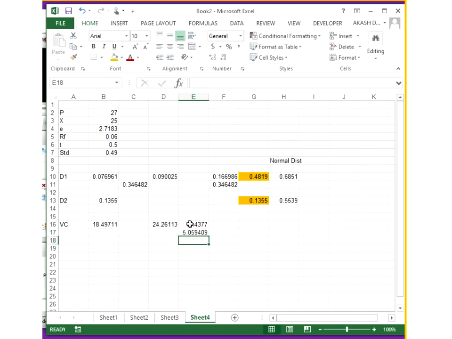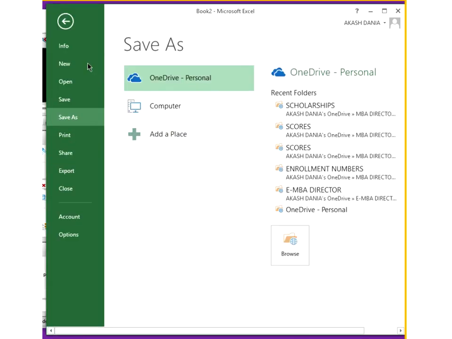So this is going to be 18 minus this, which is 5.05. Yay, we got the right answer. And that we can just pass it here. And this is the fair value of your call option, which is exactly what we have in the PowerPoint.